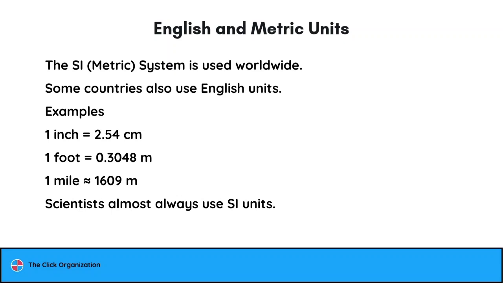Some common English unit conversions are 1 inch equals 2.54 centimeters, 1 foot equals 0.3048 meters, and 1 mile is approximately 1,609 meters. And although you may see English units in some questions, scientific calculations are usually performed using SI units.